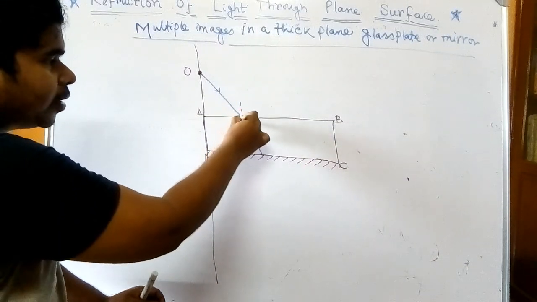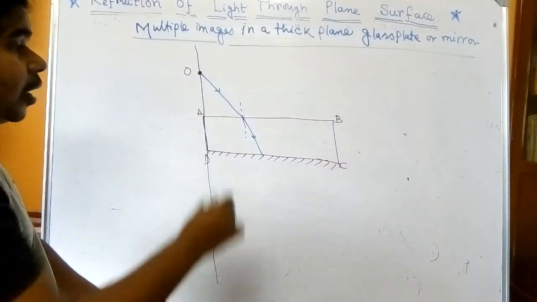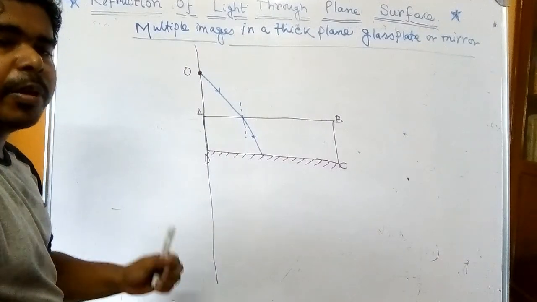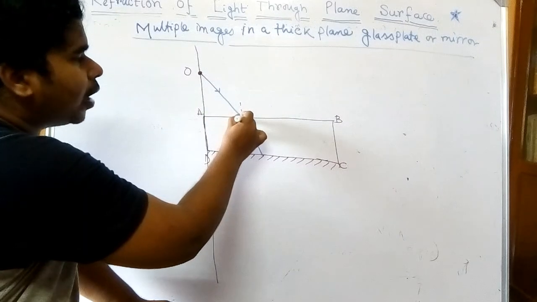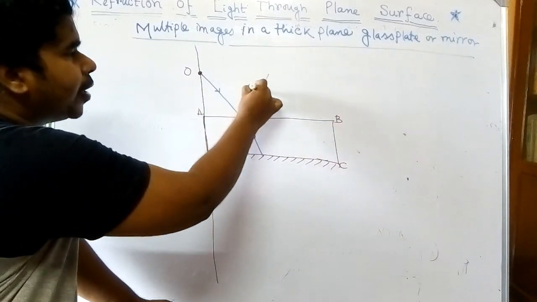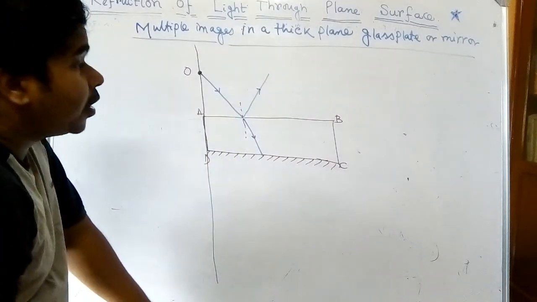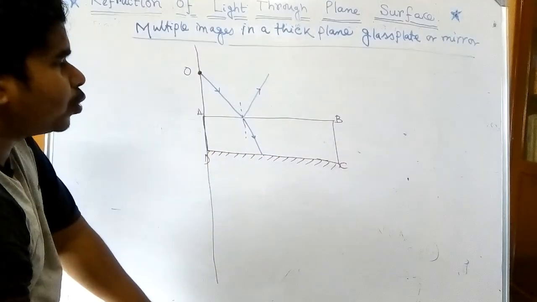It will not go by the straight path, it bends towards the normal. And from the surface, as we have learned about partial reflection and refraction, some part of the light should be reflected.